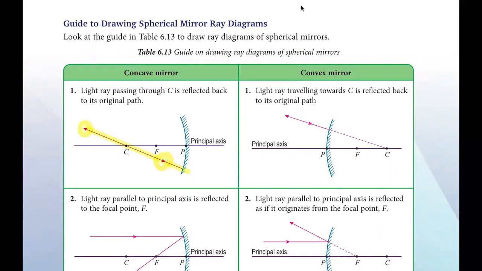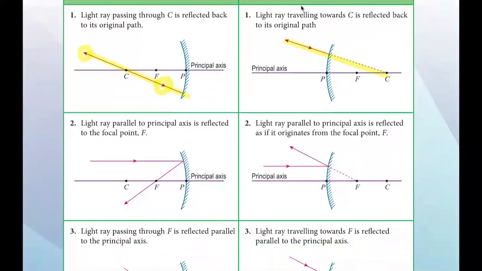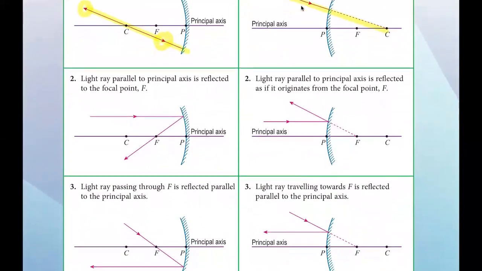The same goes for the convex mirror: it is directed towards C and then reflected back again, but because it is virtual, all the lines behind the mirror will be drawn with dotted lines.